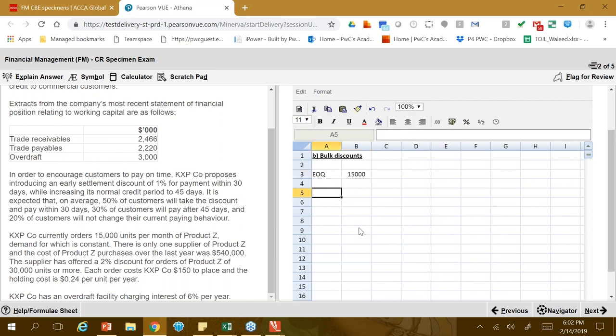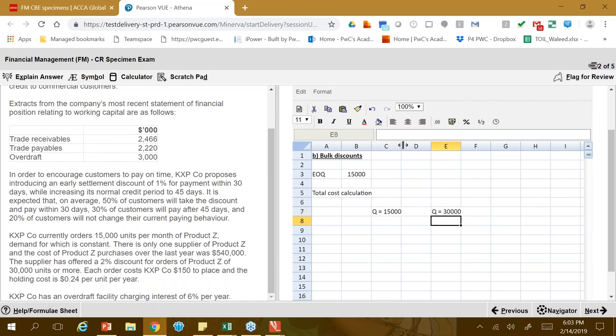Now, what we need here is the total cost calculation. And we need to do total cost calculation in 2 scenarios. The first scenario is if the Q is 15,000, and the second scenario is if the Q is 30,000.